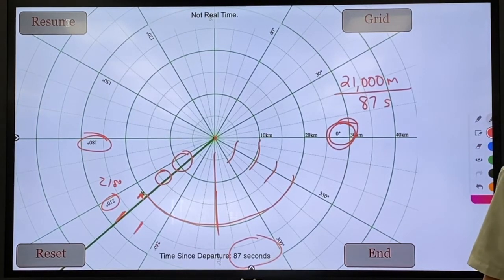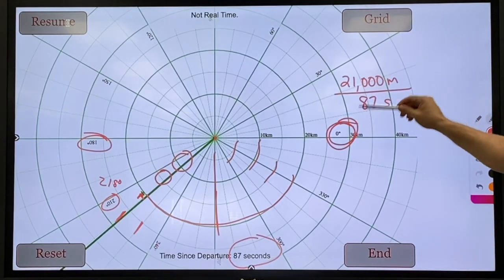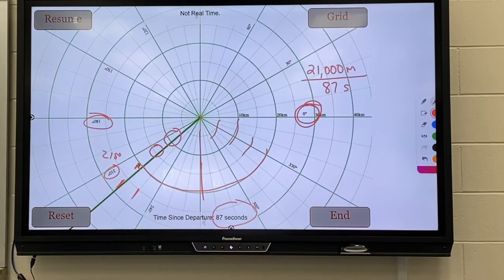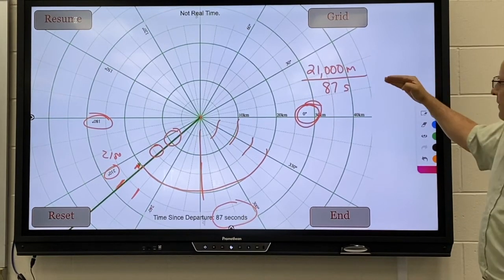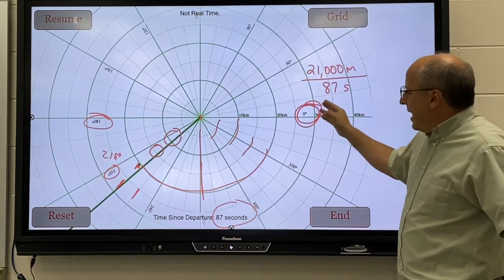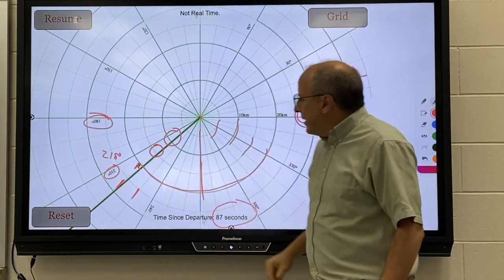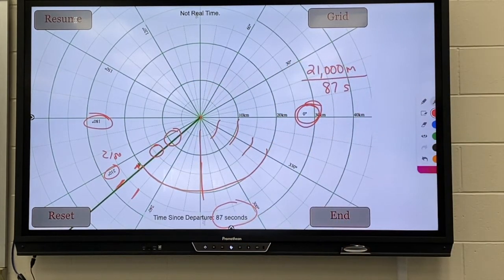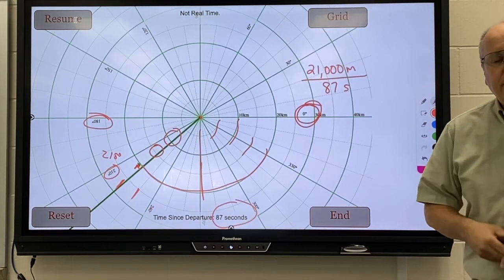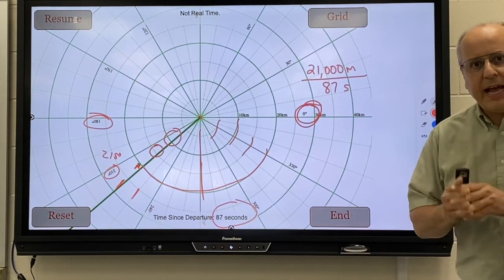Some people will put the 0 on the north. It doesn't really matter, so long as you stay consistent with whatever problem you're working with. Okay? So to find how fast, distance divided by time. To get the heading, you look at where it is and make your best guess estimate. I hope this explains the difference between speed and velocity. Velocity is a vector, it has direction.